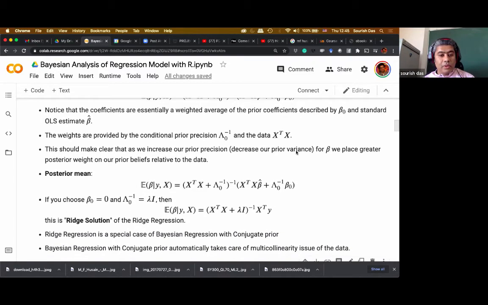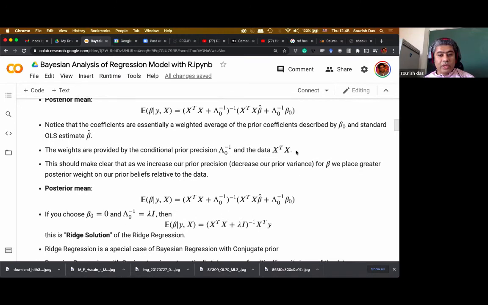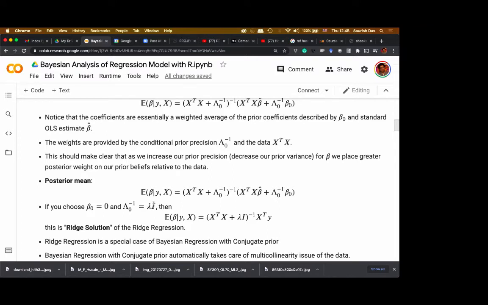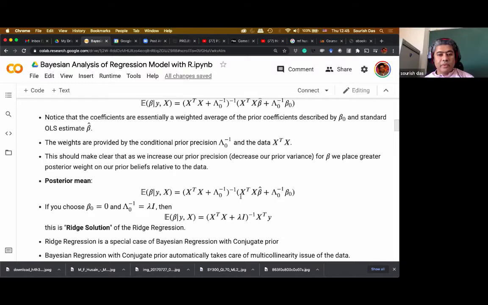Now an interesting story I want to tell you. If you take beta naught equal to 0, your prior mean as 0, and lambda naught inverse as simply lambda I, where lambda is any positive scalar value, and you just plug it here, this is 0, so this part is gone, and this is lambda I. Then effectively you can show this is x transpose x plus lambda I inverse x transpose y.